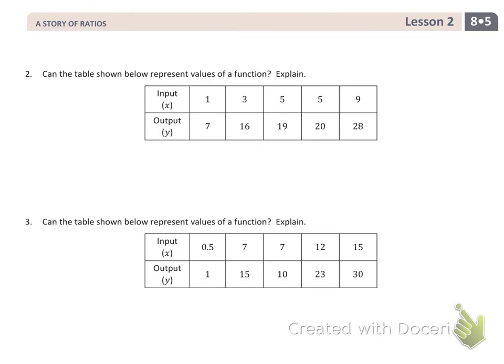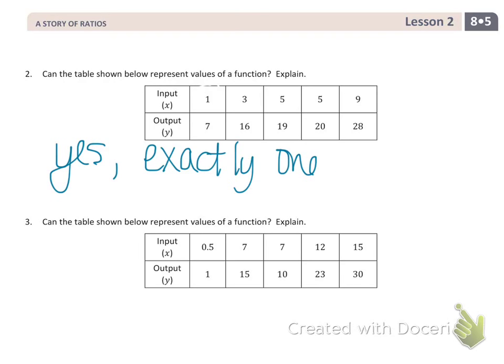I want to look at each input separately and see that it has exactly one output. To do that, I can just look across the inputs and notice that none of them are repeated. So therefore, I've got exactly one output for each input. So for this one, the answer would be yes. There's exactly one output for each input.